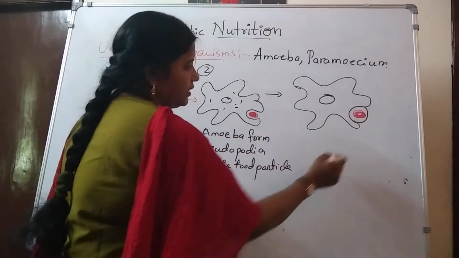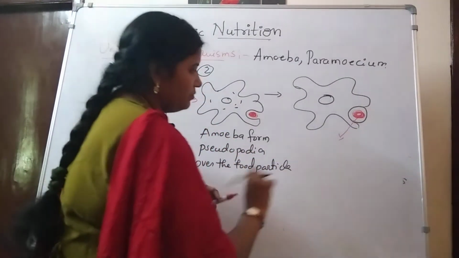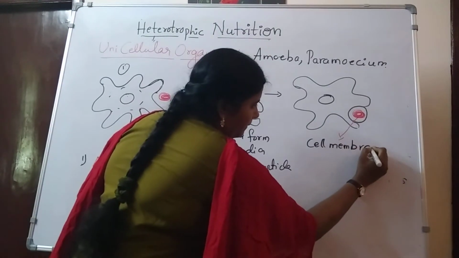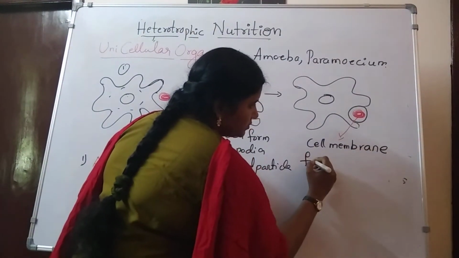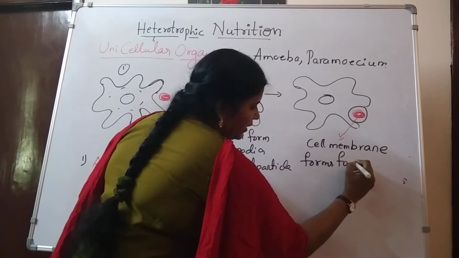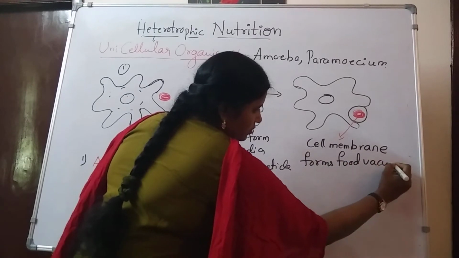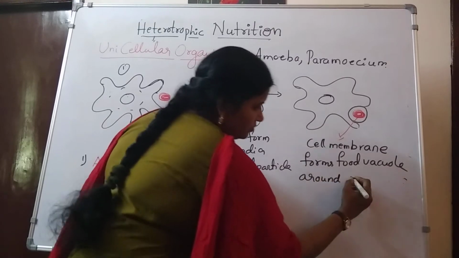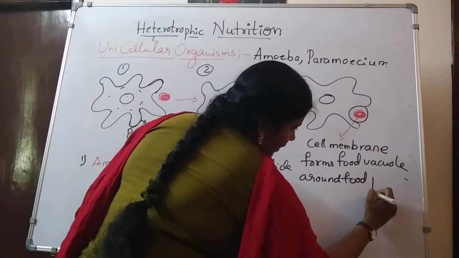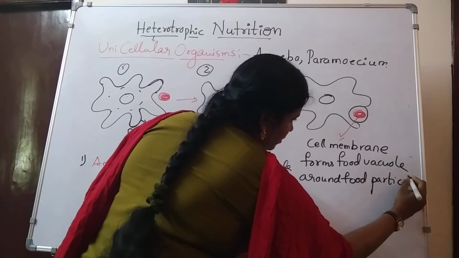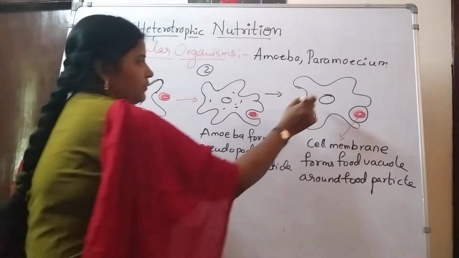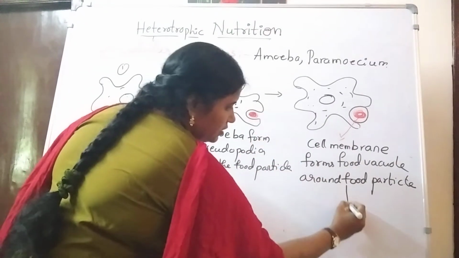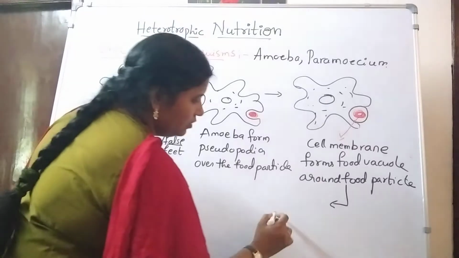The cell membrane forms a food vacuole around the food particle. This is the third step. Same cytoplasm we are drawing here. Next, the fourth step, the final step.